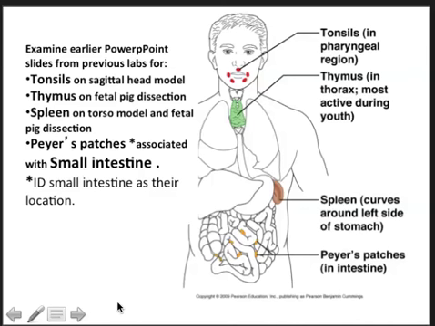Don't worry about the fetal pig, since we didn't get a chance really to dissect the fetal pig. We're using primarily the models here, so we'll work from those for the purposes of the practical, and you'll want to be able to identify the location of the Peyer's patches, again primarily in the submucosa of the small intestine.